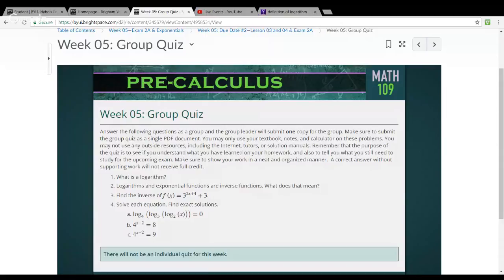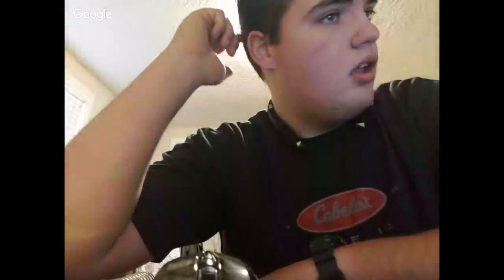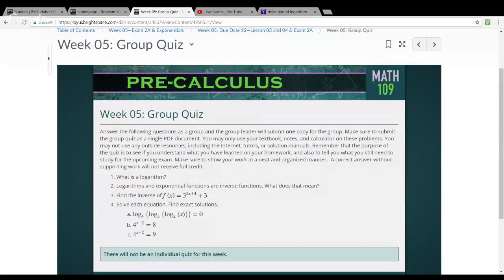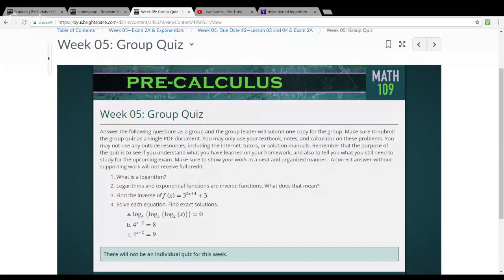So 2x equals 2 to the 4th, because 2 to the 4th is 8, isn't it? No, it's 2 to the 3rd. I did that wrong. 2 to the 3rd equals 8, right? So then the 2's cancel out, and it's just x equals 3. I think. Okay.